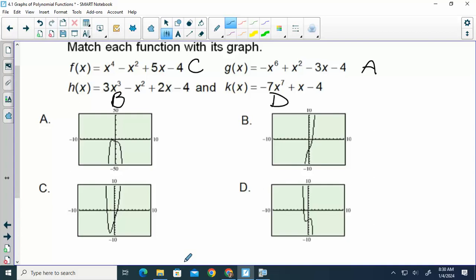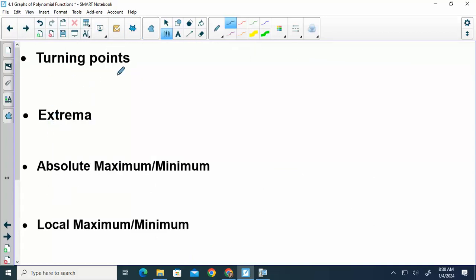So we have a little more terminology to go through. Turning points are where a graph changes direction.